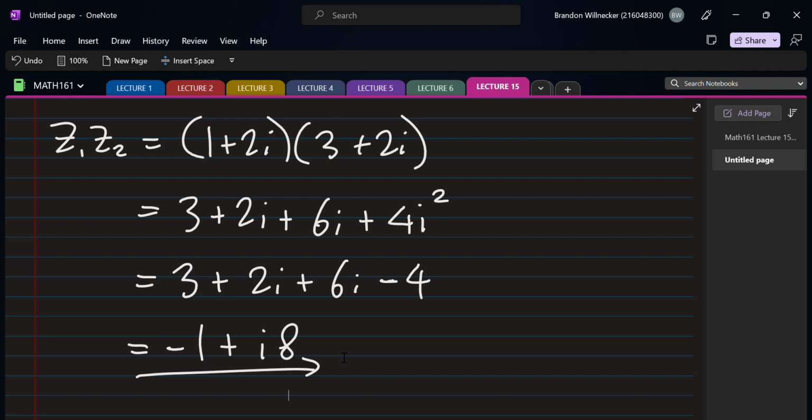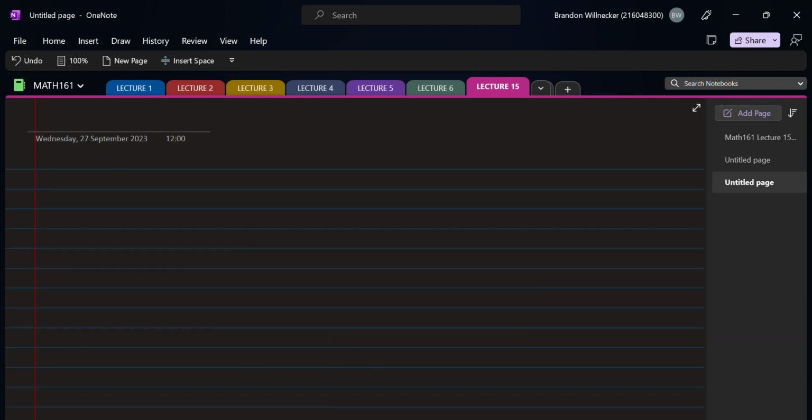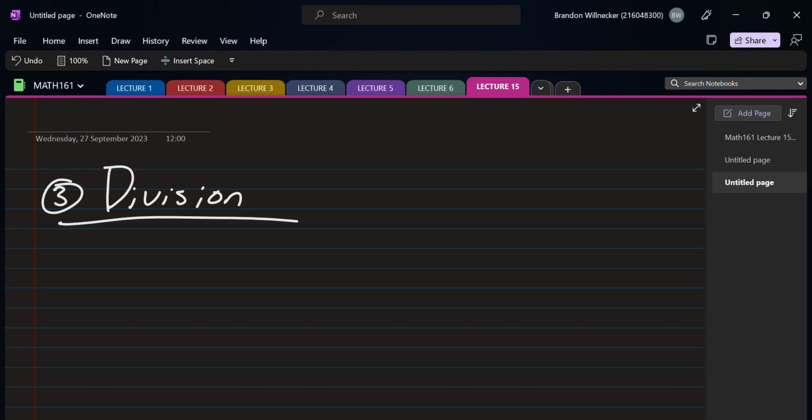Okay, let's have a look at division. So number 3, division. Okay, so it's a bit more involved than multiplication and addition, so we just write it as a separate section.